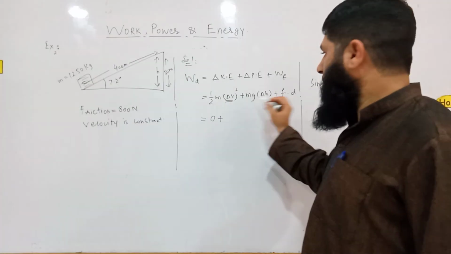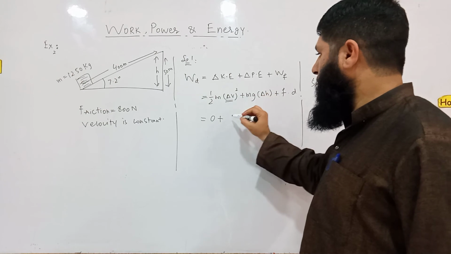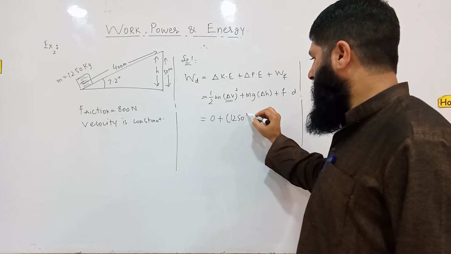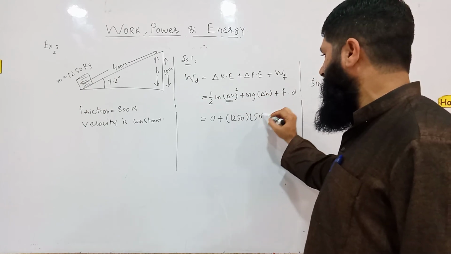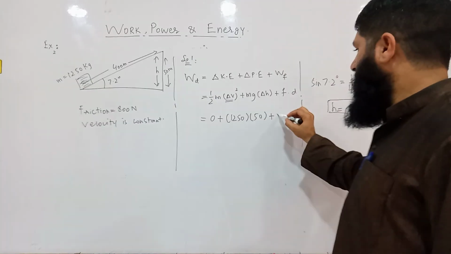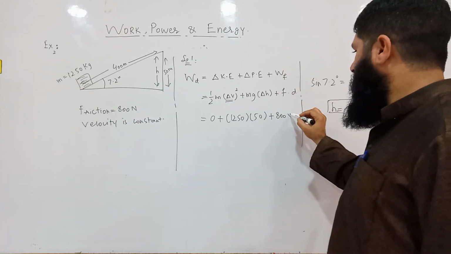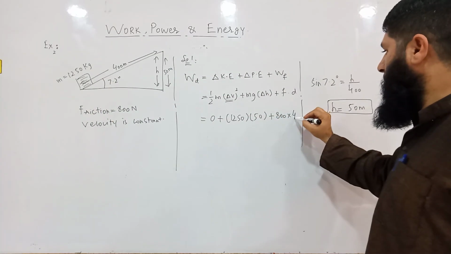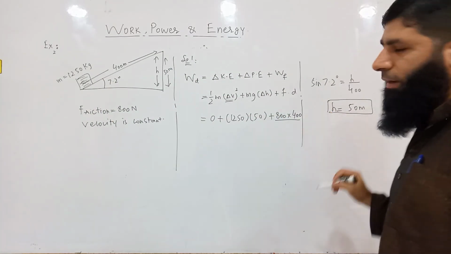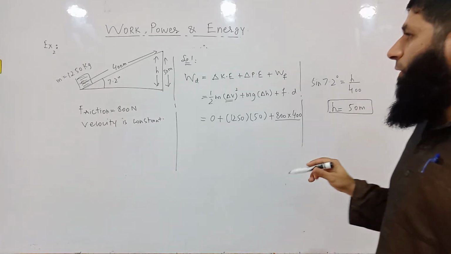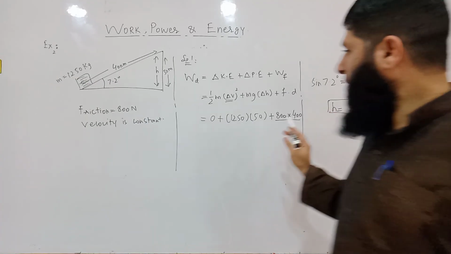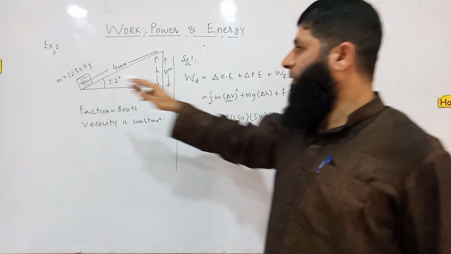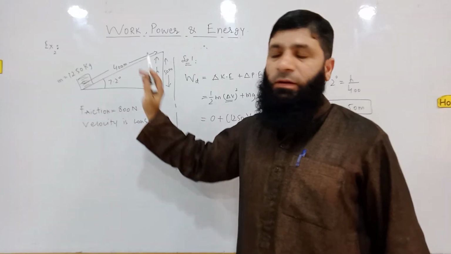Okay, now mgh we can substitute these values. Mass is 1250 and the change in height is 50 meters plus the force of friction is 800, and the distance covered from this point to this point will be 400. This is basically work done against friction, because the friction is 800 Newton between this object and this inclined surface.